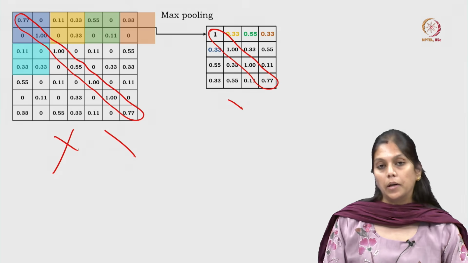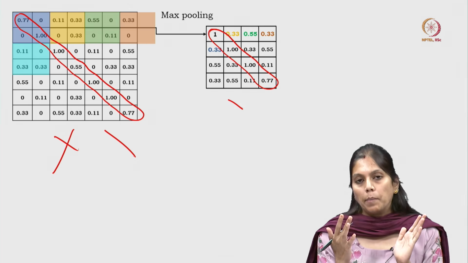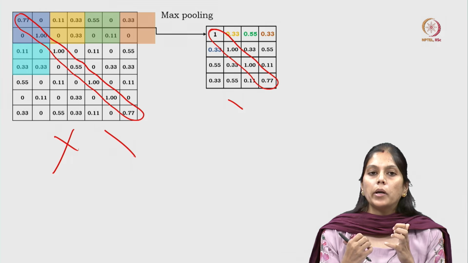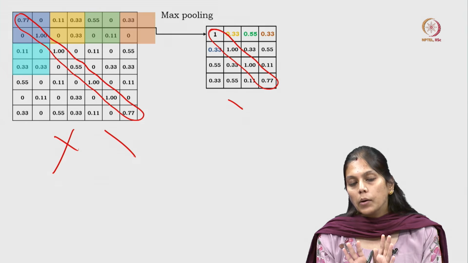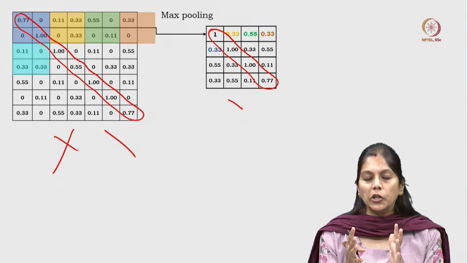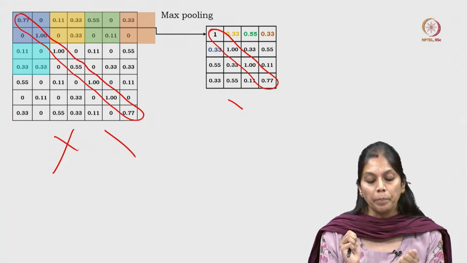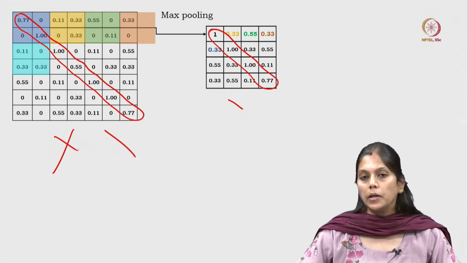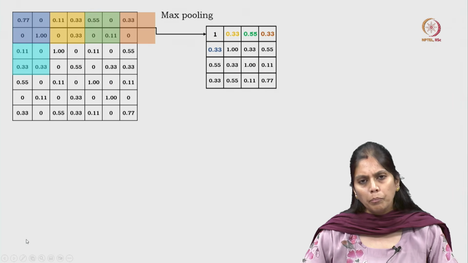You still have that. So by reducing the dimension, we are not compromising on the important features that it has extracted. Those important features are retained. So this is what max pooling is.